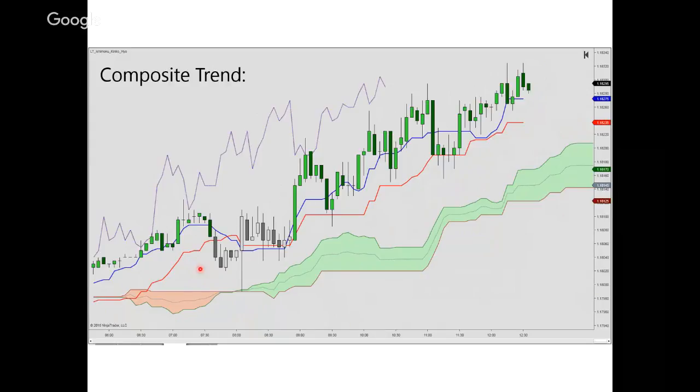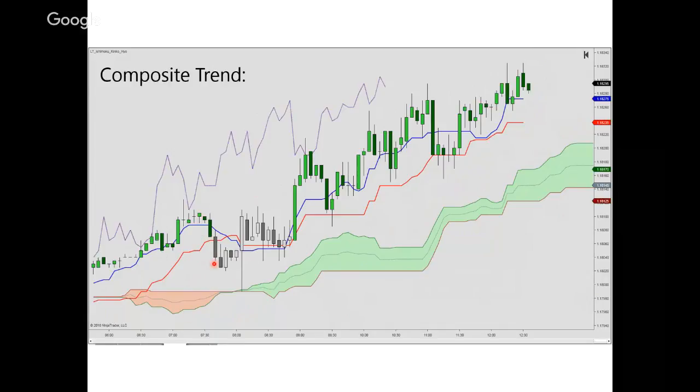And here we see this as a neutral trend with the gray and white bars. Why is that? Well, first of all, we see that this bar is moving below the Kijun Sen, and so that is canceling out. That is a bearish indication, right? So we have a Tenkan Sen which is moving above the Kijun Sen line, so that's bullish. We have price above the cloud, that's bullish.